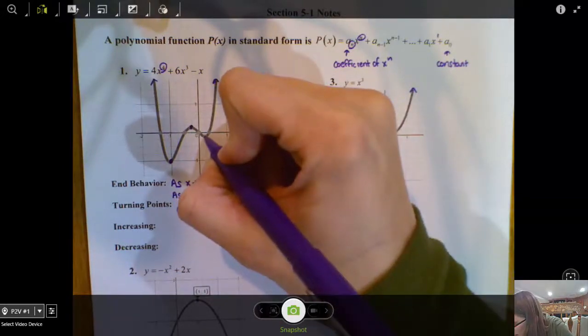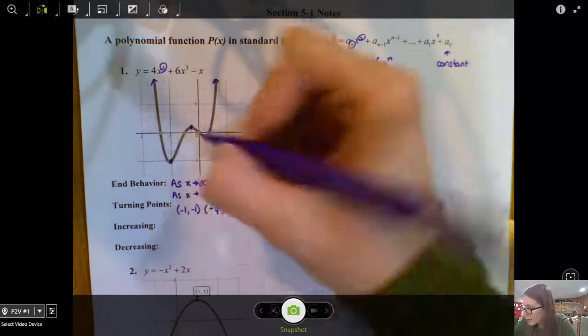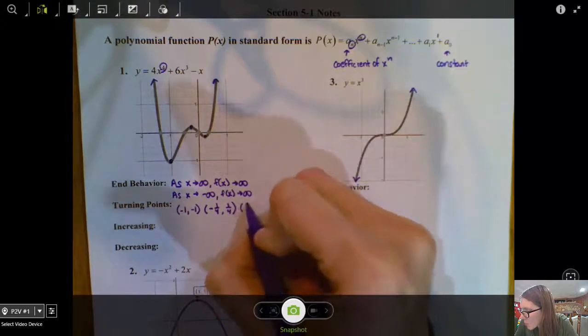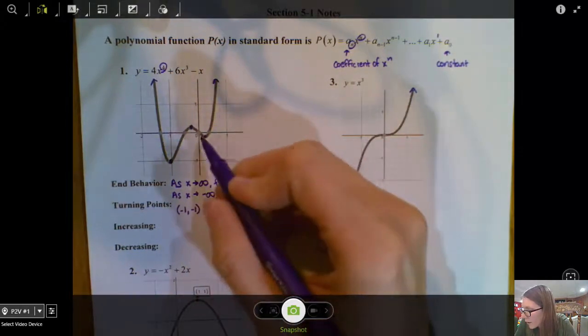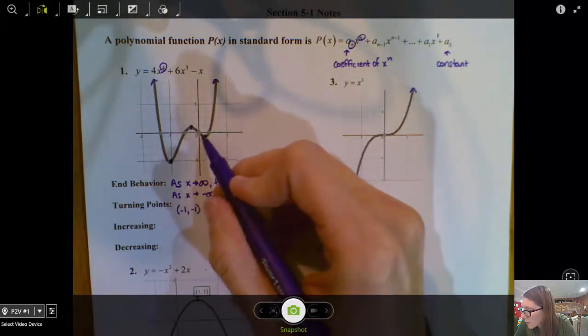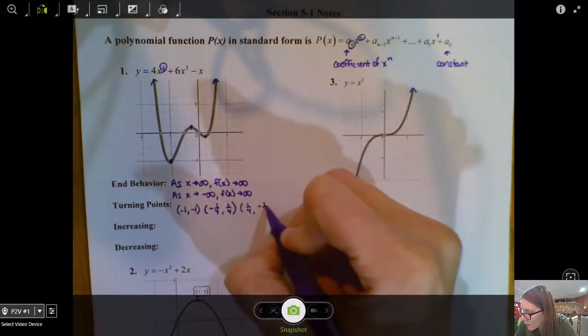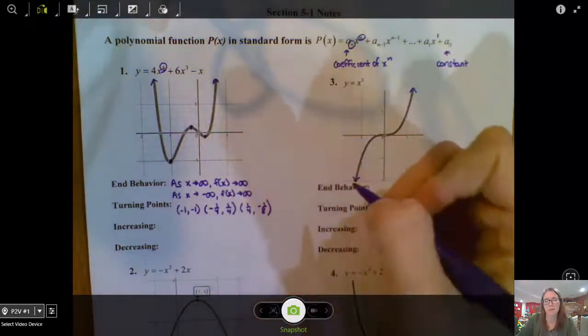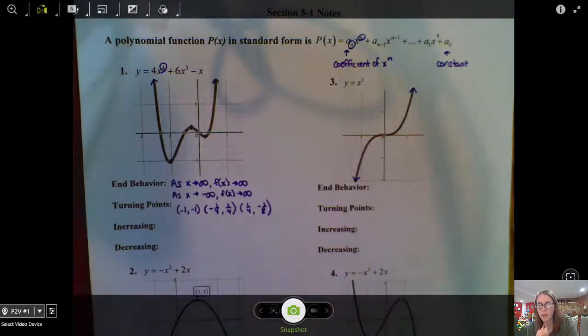And right here, maybe it's 1/4, and then halfway in between, so -1/8. So I have this 4th degree polynomial here that has 3 turning points. Maybe there's a connection there.